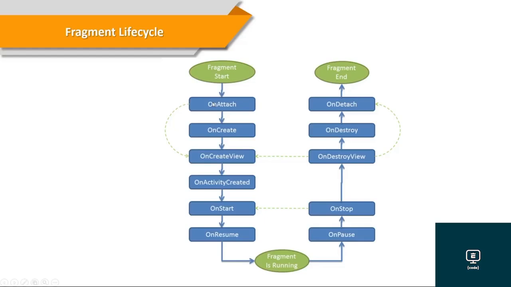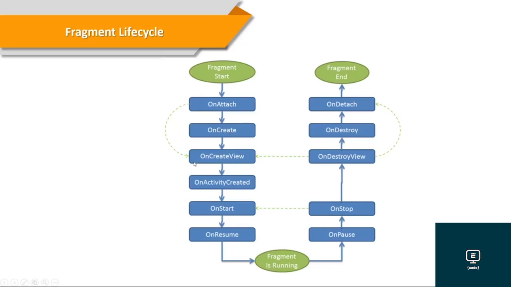So fragments, of course, have their own lifecycle. It means that a fragment has a lifecycle from the moment it was created to the moment it was closed, and that's what we're going to focus on in this video. When a fragment first starts, these methods start to work: onAttach, onCreate, onCreateView.